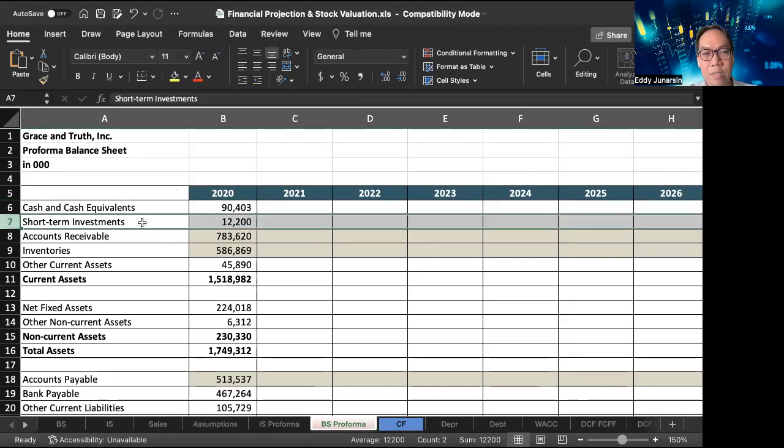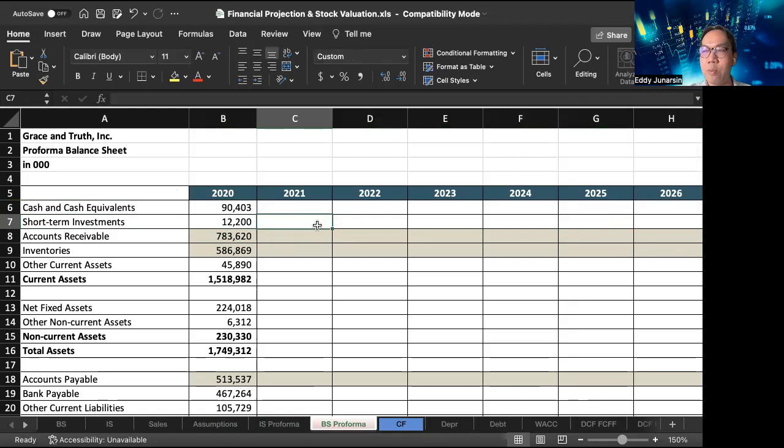Again, there are many methods. You could say that it will go by a certain percentage point, or you could determine your own amount if you know that in the future you buy marketable securities or certain financial assets, money market instruments, or something like that.